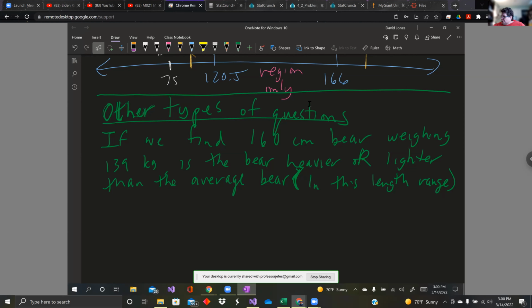So what we want to do is find the predicted weight of a bear that is 160 centimeters, and then we will compare our bear to it.